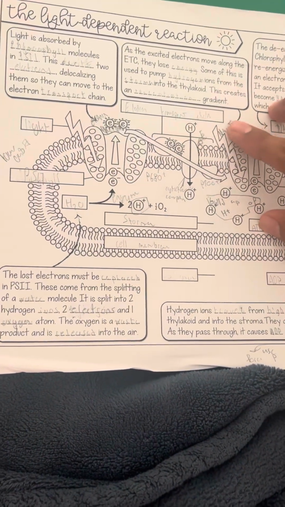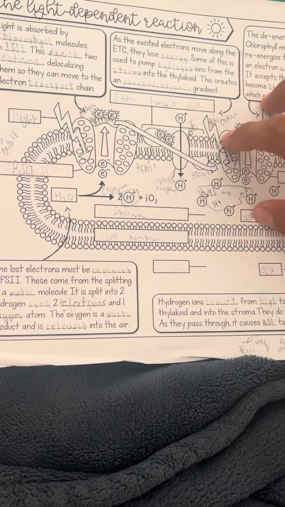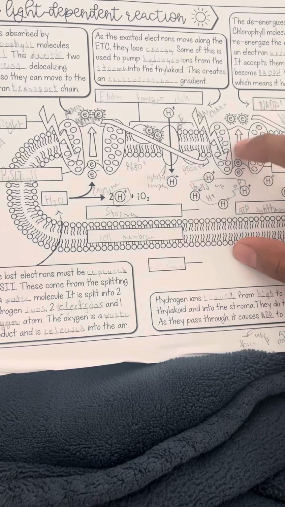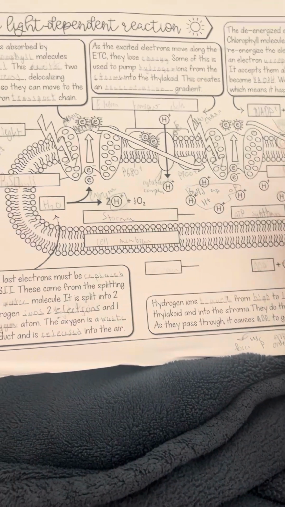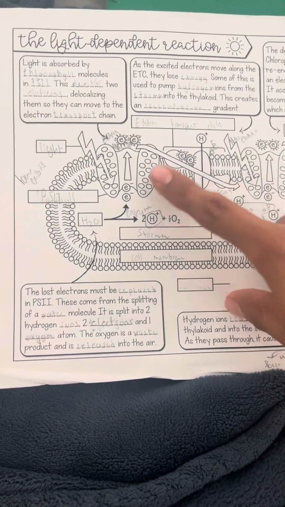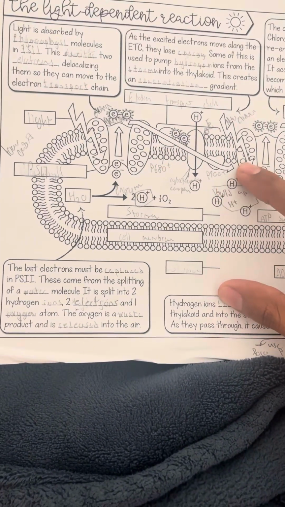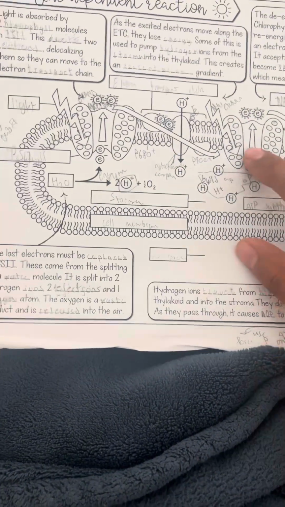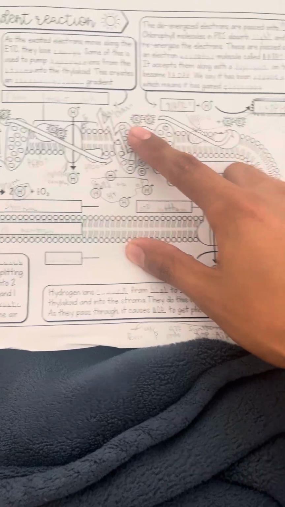The chlorophyll takes in that light energy, passes it along to these electrons, and it sends it off into the electron transport chain through the electron acceptor right over here. Okay, and the electrons from over here from PS2 are the ones that actually refill PS1.